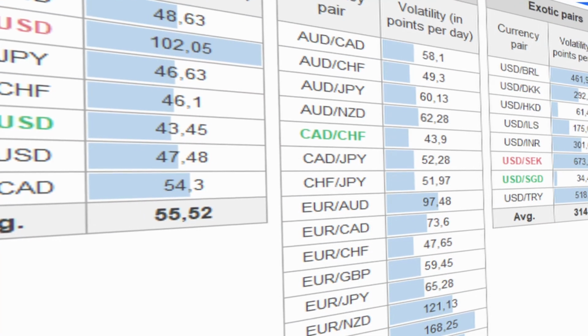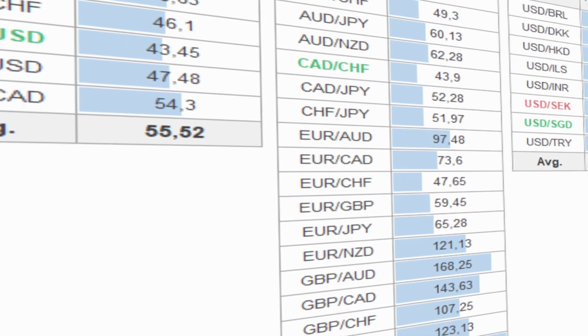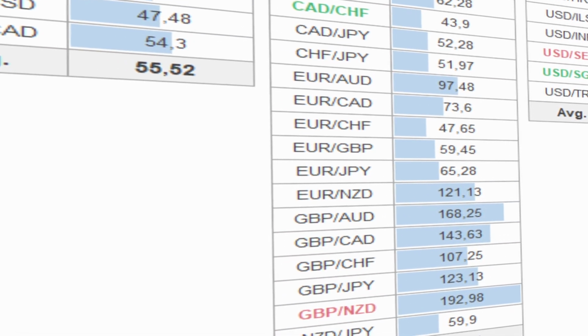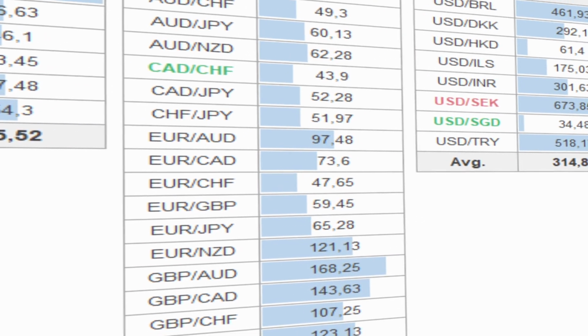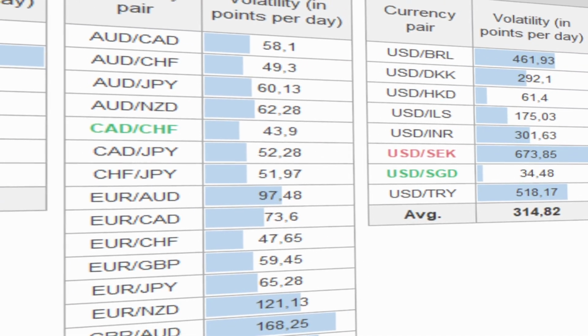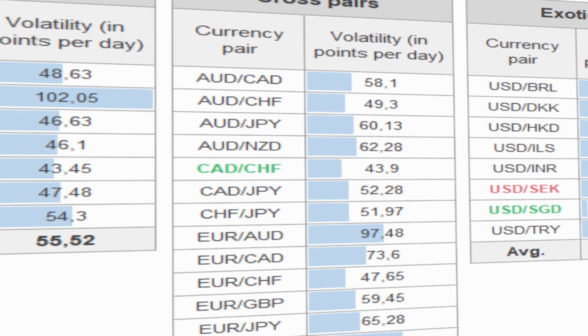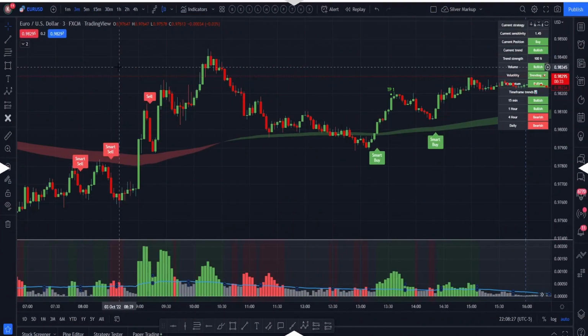As long as it had one of those combinations, then I would trade that pair, with the exception of very low volatile pairs like Euro Swiss franc. Pairs like that won't really work well with the strategy. You want to have more medium volatile pairs and then also more high volatile pairs, and that's just based off of how they move. You want to have some good movement with this scalping strategy.